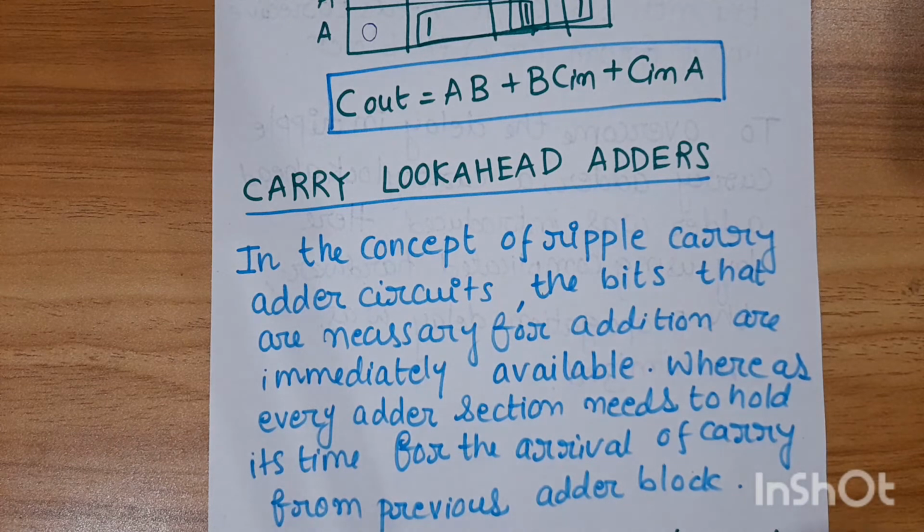Immediate sum and carry won't be generated from a full adder unless the Cin, that is the carry input from the previous stage, is available. Because of the propagation delay only, carry look ahead adders came into existence.